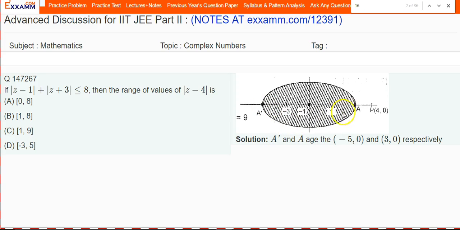So we know that in all such cases we should always draw a line joining point P to the center of the ellipse.